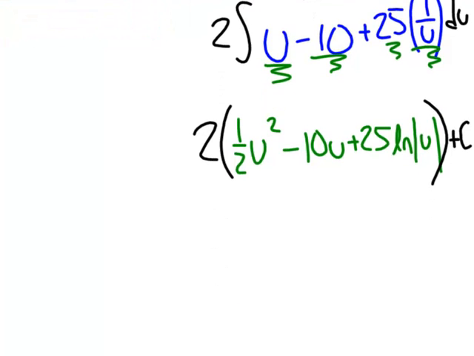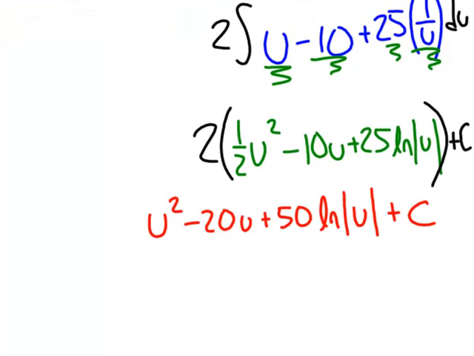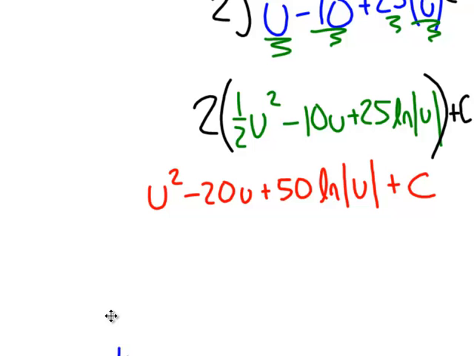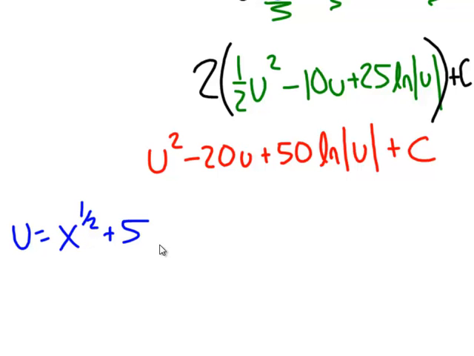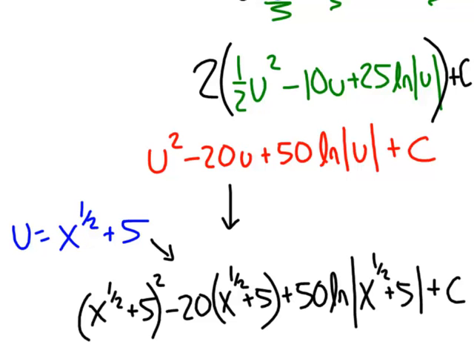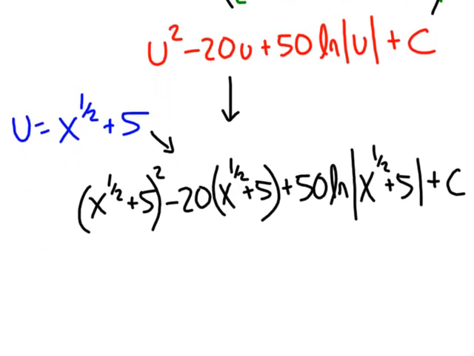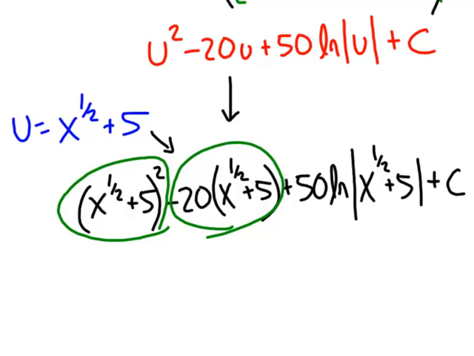So let's simplify that. There we go. And let's substitute back in our original x's. And if I further simplify that algebraically, I'm going to FOIL this out, x to the 1/2 plus 5 times x to the 1/2 plus 5, and then distribute this.